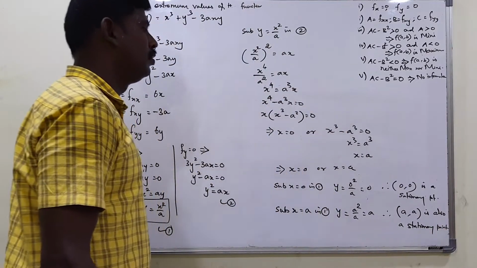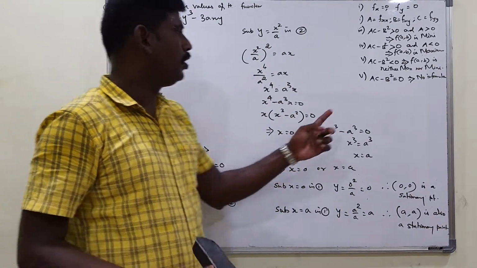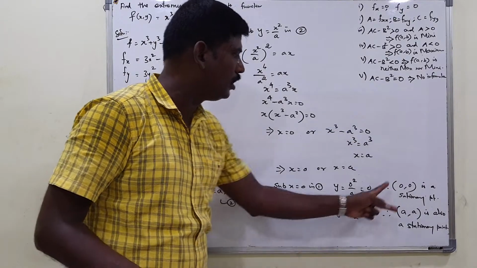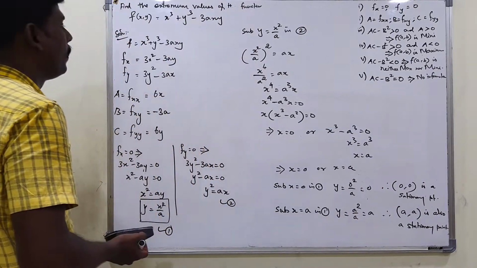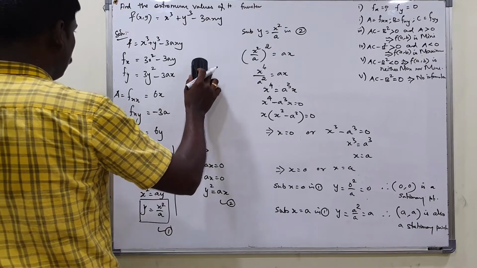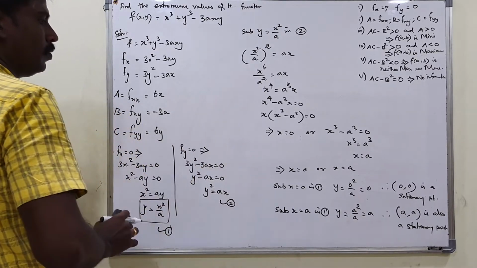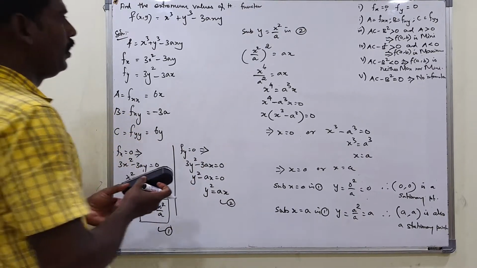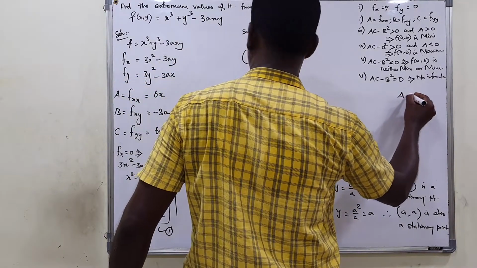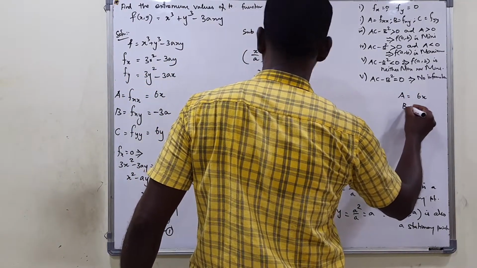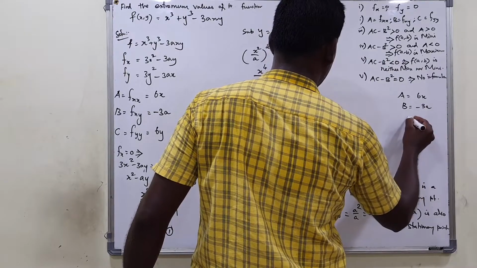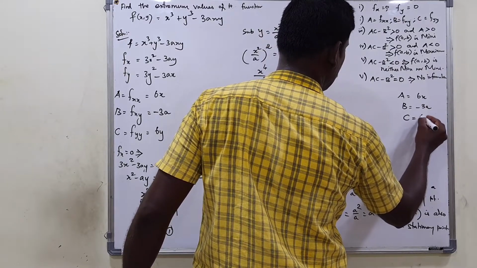Now, we are going to find out the value of AC minus B square at these two points alone. What do we need? What are the values of A? A is 6x, B is minus 3a, and C is 6y.